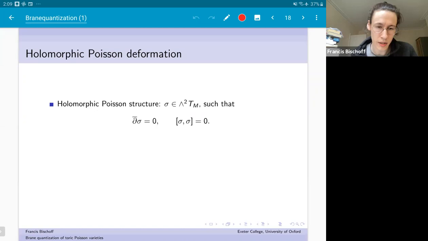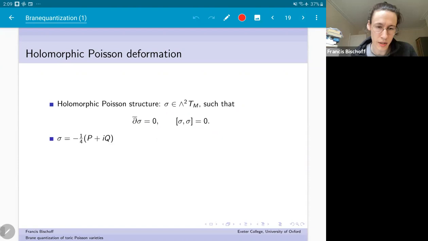So just to review, a holomorphic Poisson structure is a bivector on the manifold, which is first of all holomorphic, and it satisfies an integrability condition. Here I've written it as the Schouten bracket of the bivector with itself is 0. This corresponds to a Jacobi identity.